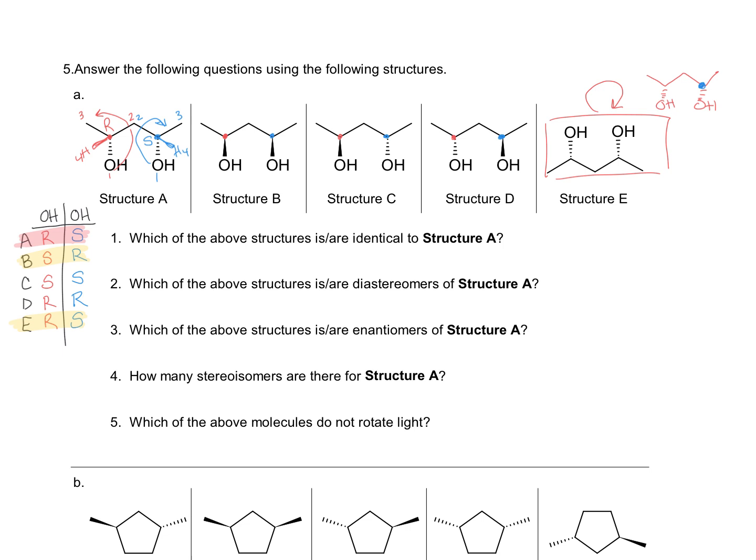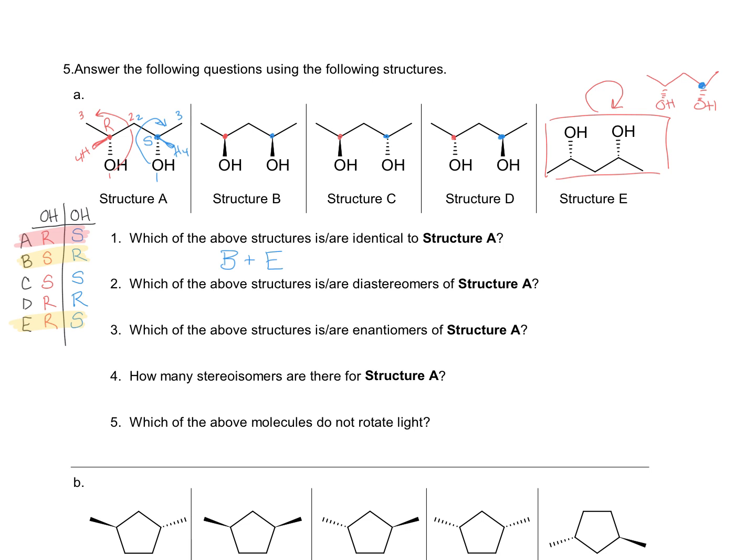You might be asking yourself, why is B identical when they're reversed? We have 2 chiral centers with a plane of symmetry. Both of our groups have the same thing. So A is a meso compound. So RS versus SR is the same. So which of the molecules are identical to A? It's B and E.